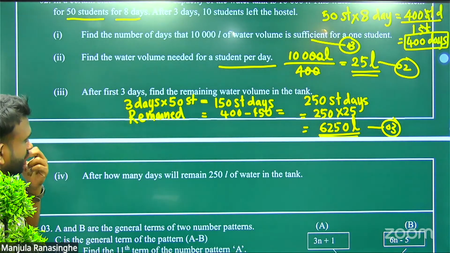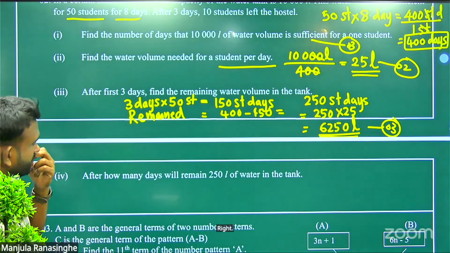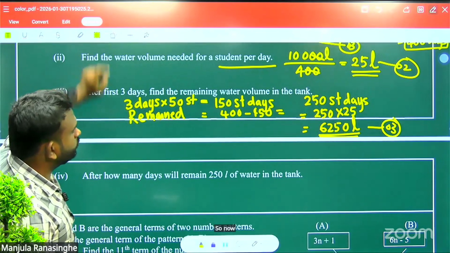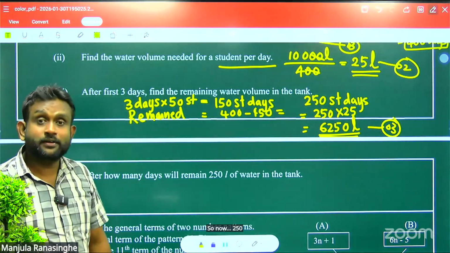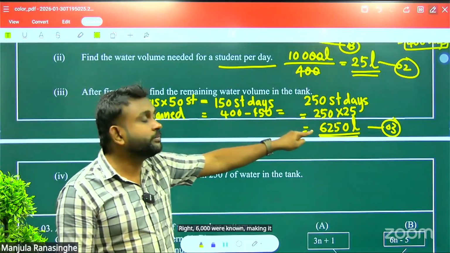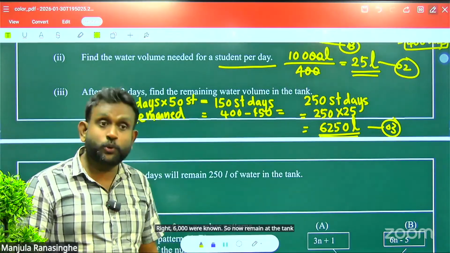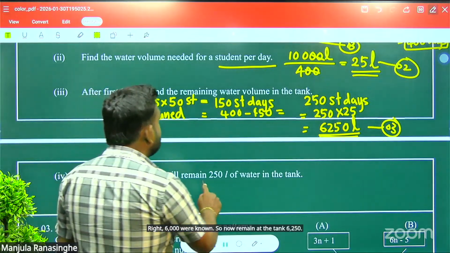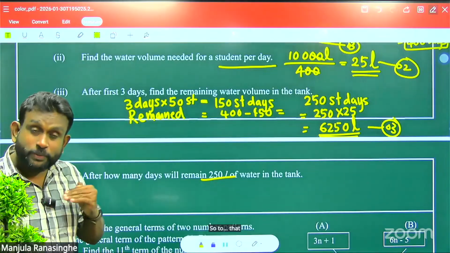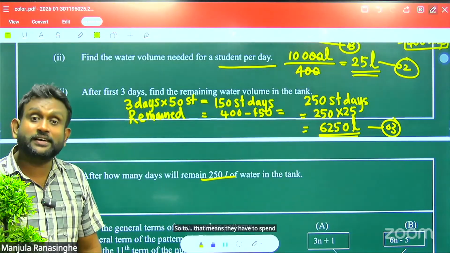Right. So now 250 remaining means 6000 should be spent from this, think. So now the remaining in the tank is 6250. They are asking will remain 250 liters. So that means they have to spend 6000 liters.